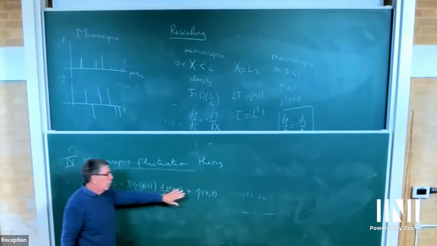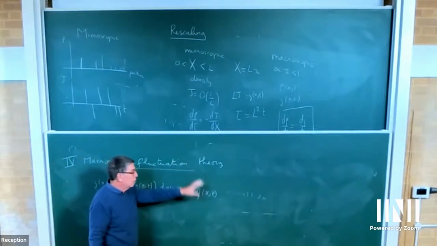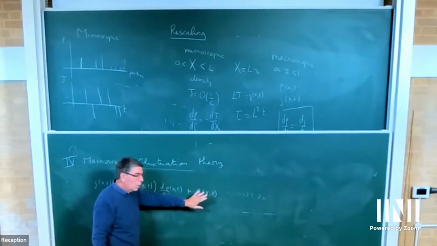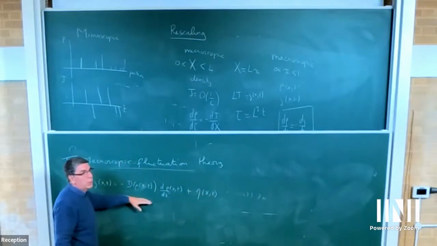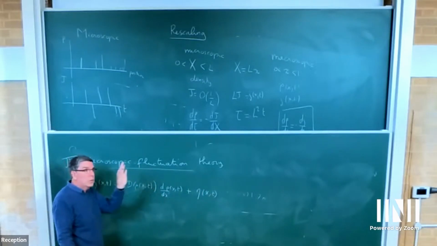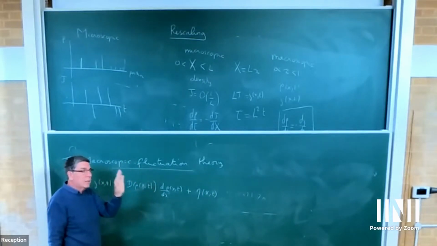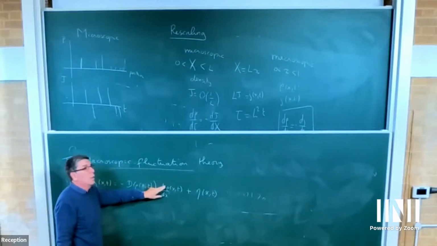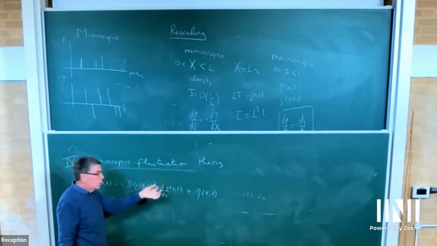And if the system is very, very large, the noise is small, as you will see, and this is the Fourier law that we have seen: the density varies slowly, so the gradient is small.